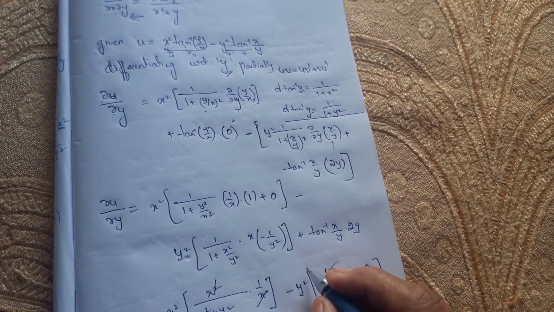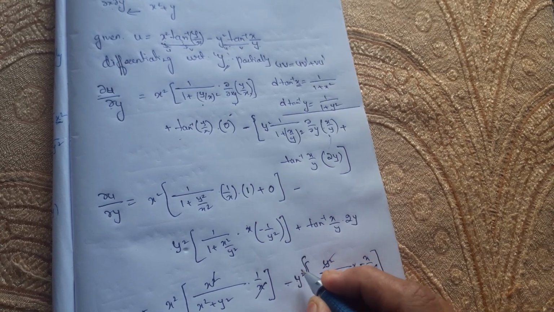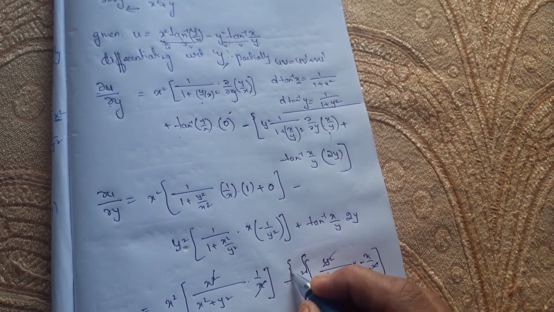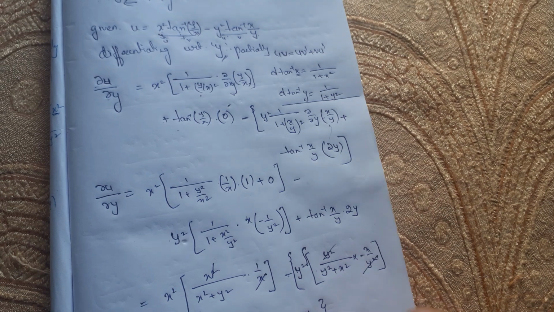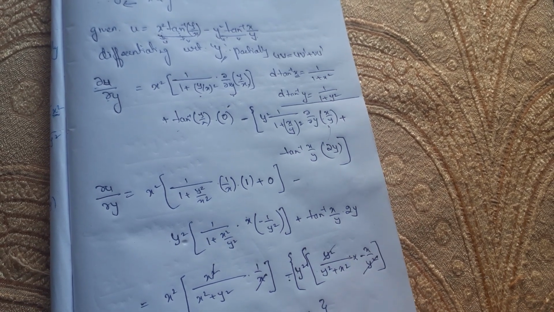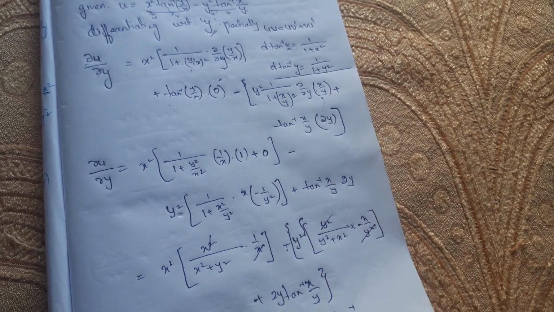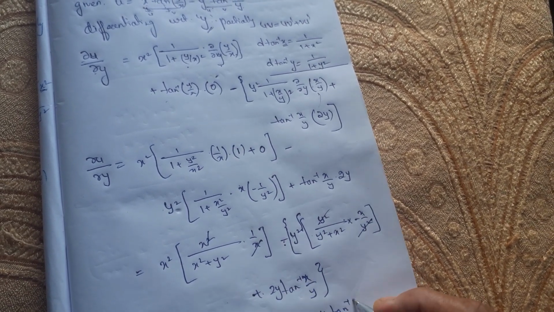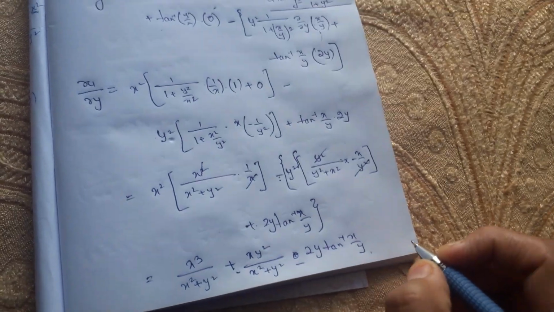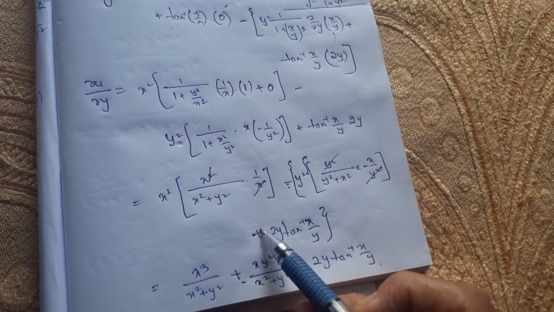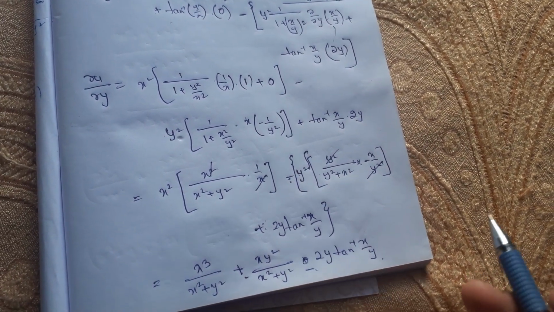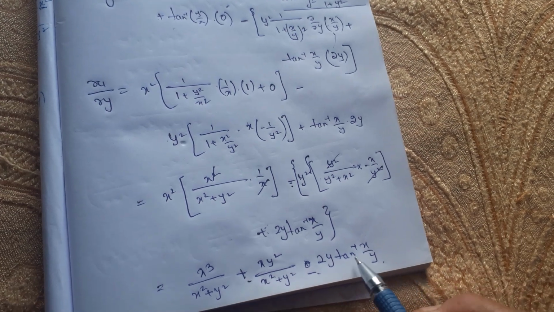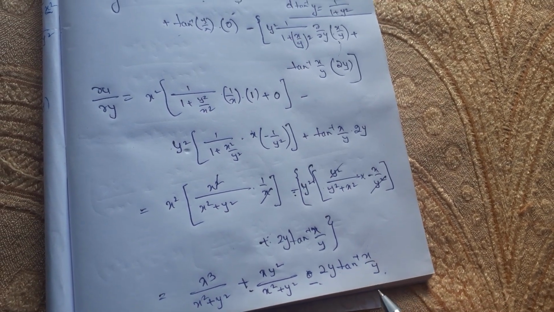This minus sign is in this bracket, so minus into plus becomes minus 2y tan inverse x by y.